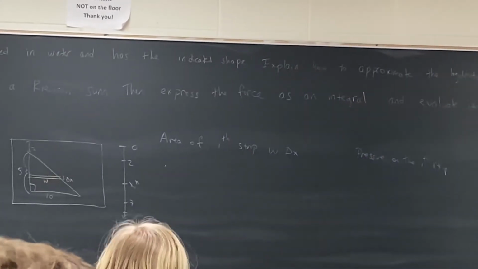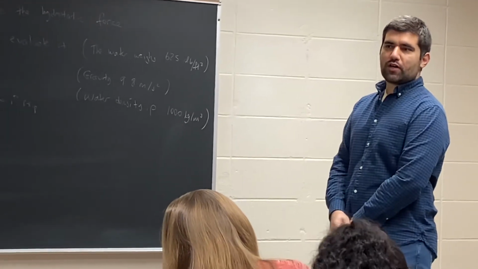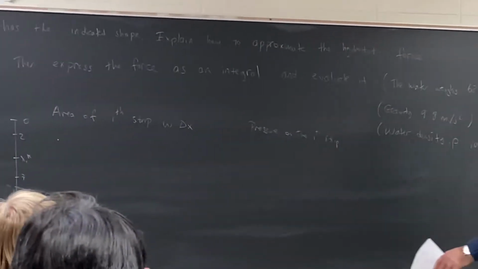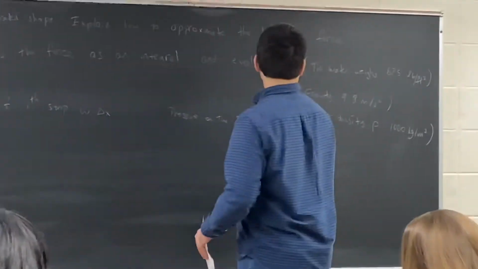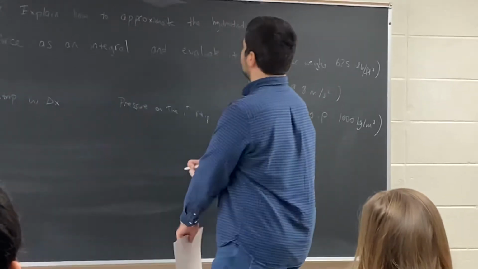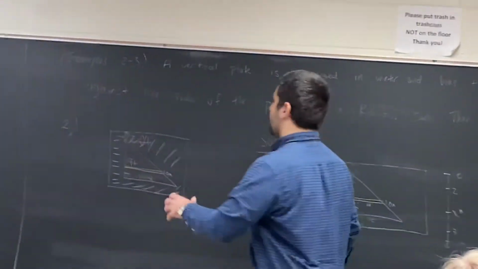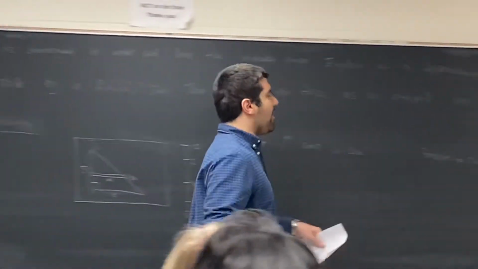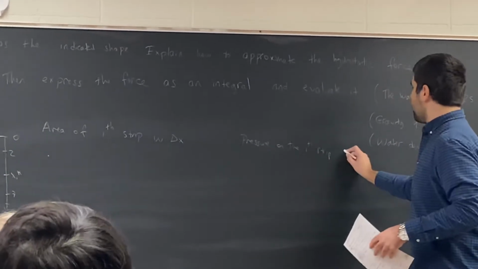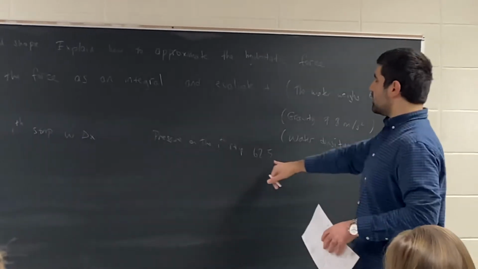And what about the pressure on that particular strip? What is the pressure formula again? Density times gravity times the depth, right? So what is the density? Since the units are in terms of feet, we can just use 62.5, the weight density of the water, and then we need to multiply it by the depth.